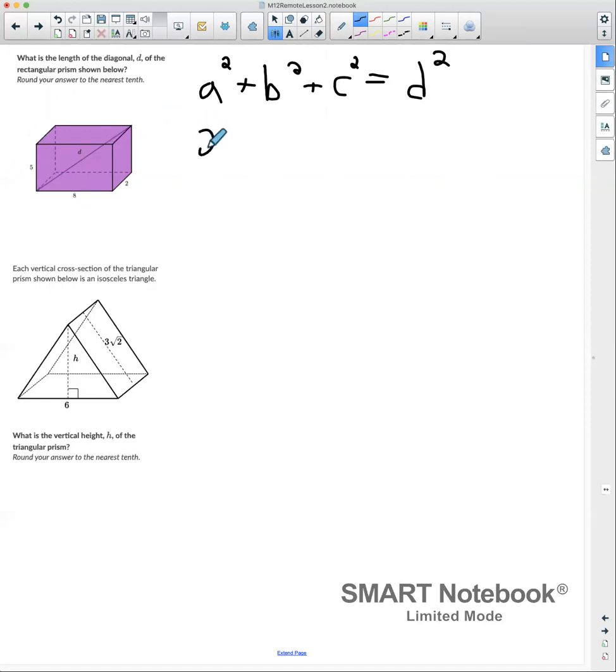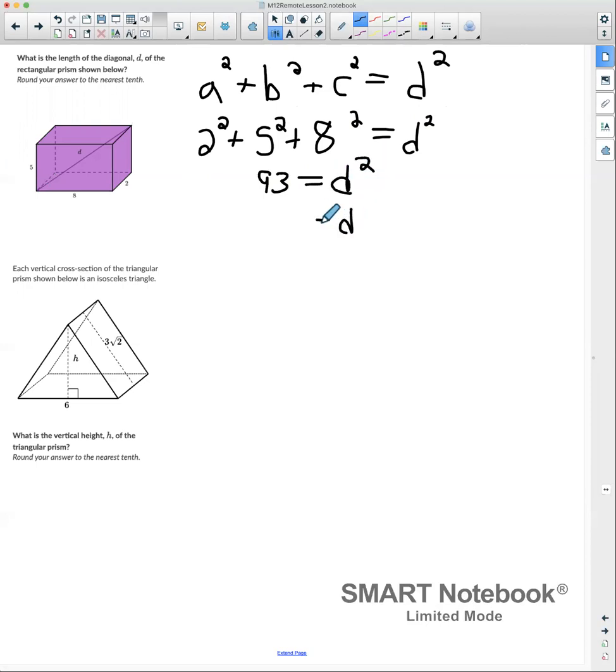So you have 2 squared plus 5 squared plus 8 squared, so we have 4 plus 25 plus 64, that gets you 93. That's equal to d squared.